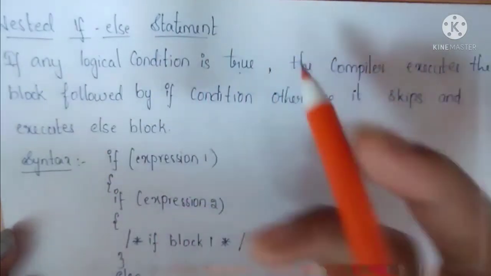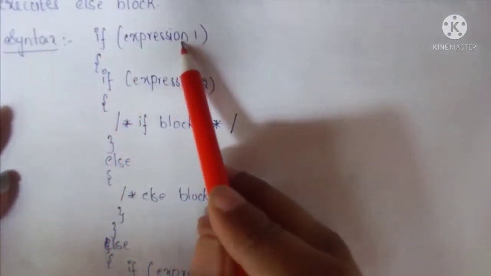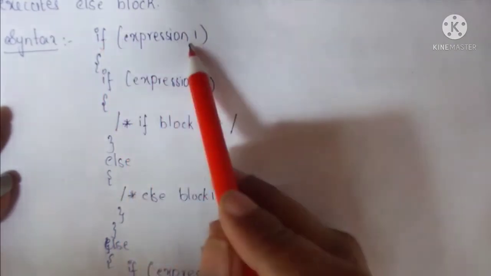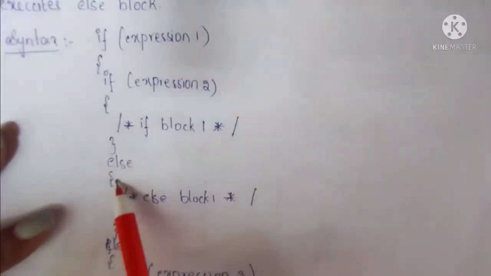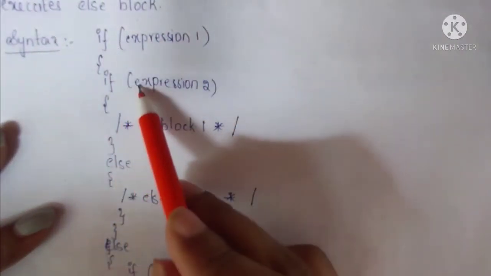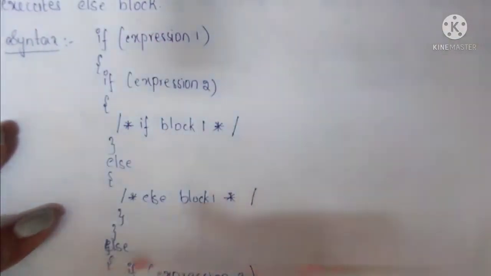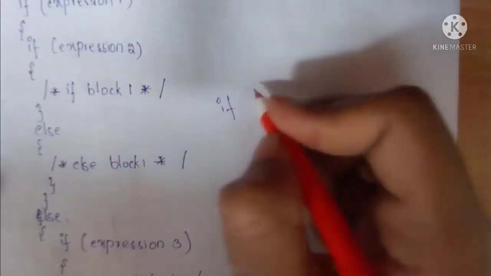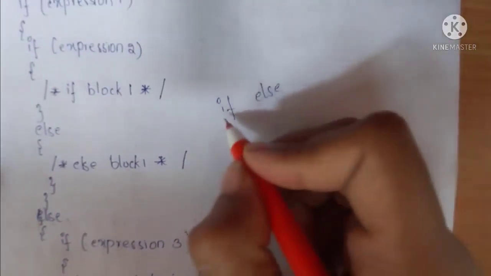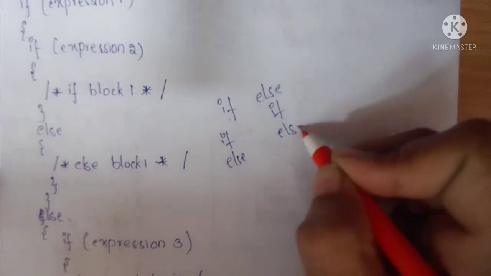I'll show you the syntax. See here. The syntax: if expression 1, this is the first expression. In this first if statement I have written the if block and also the else block. In this if we are writing another if and else, and in this else part also we are writing if and else.